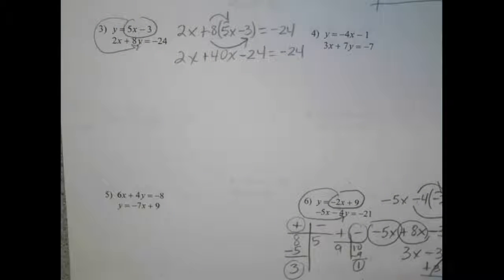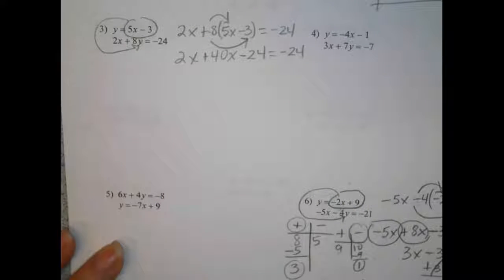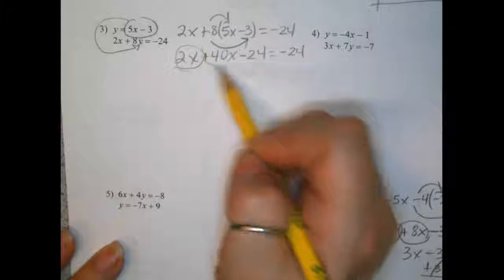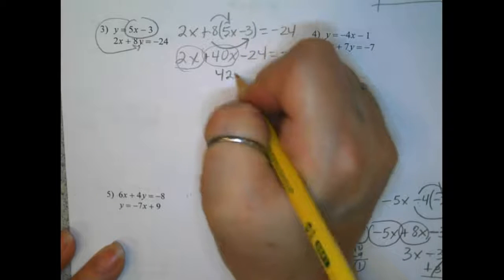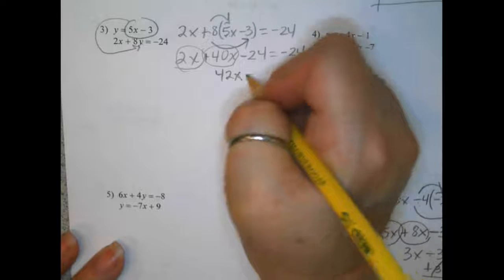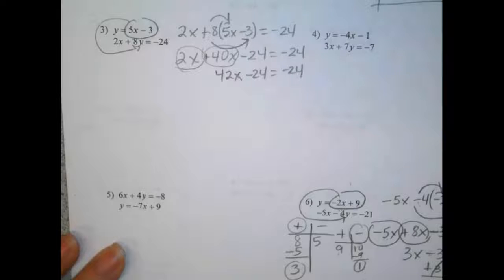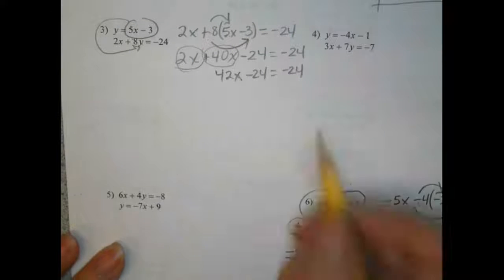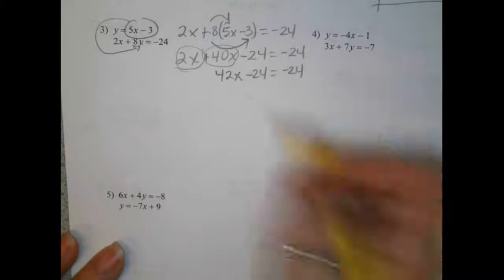Okay? Do I have any like terms that I can combine? Yes. I have 2x and 40x, which gives me 42x, right? Bring down my negative 24 equals negative 24. Now I'm going to add the opposite. What's my opposite?